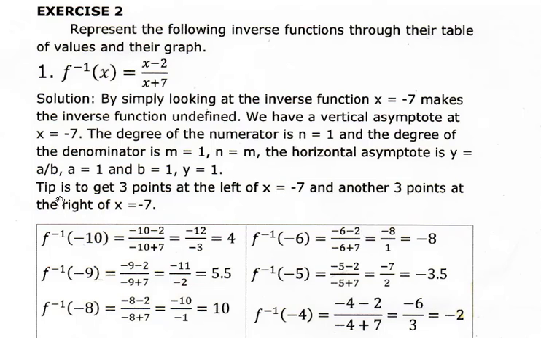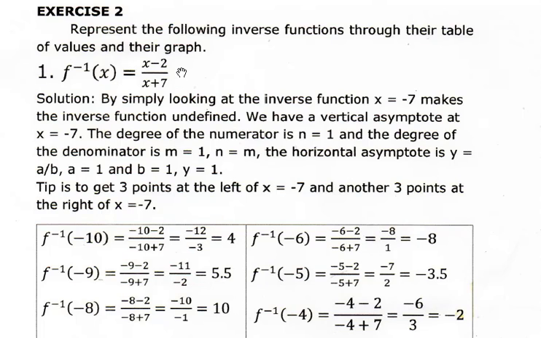Now, the tip is to get 3 points at the left of x equals negative 7 and another 3 points at the right of x equals negative 7. Why negative 7? Because x equals negative 7 is where the vertical asymptote lies, which is what makes this rational function undefined.